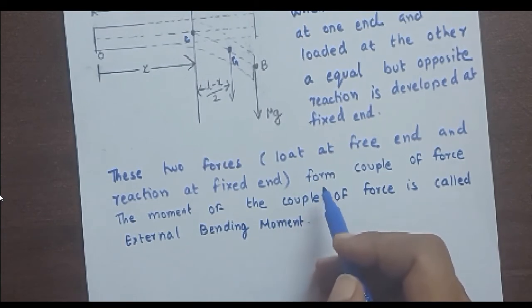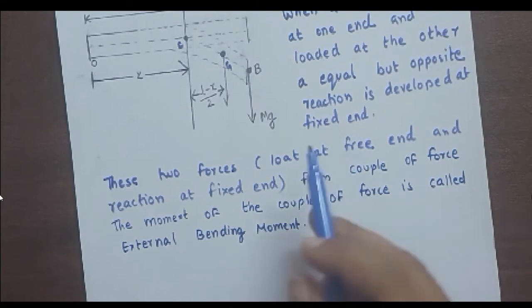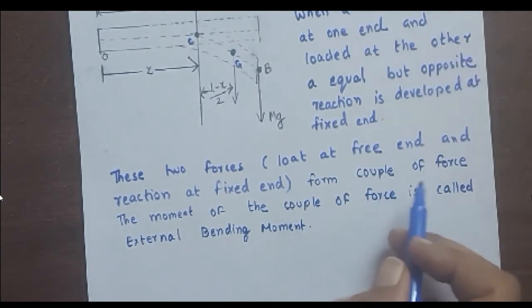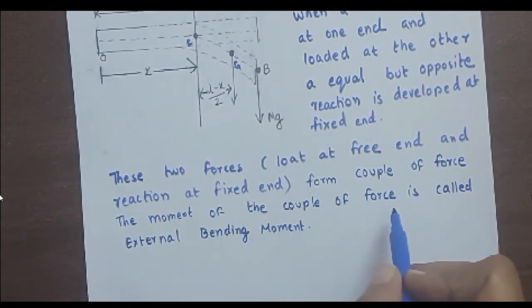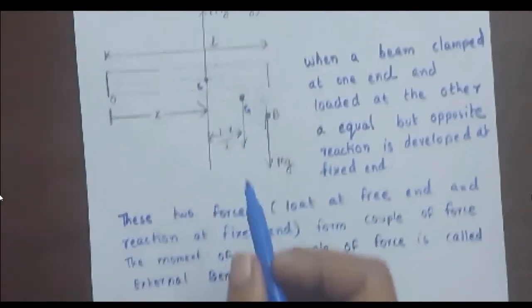So here two forces are generated. They are equal in magnitude, but in opposite direction. So they form a couple of force, and the moment of the couple of force is called the external bending moment. For that we will consider one beam.